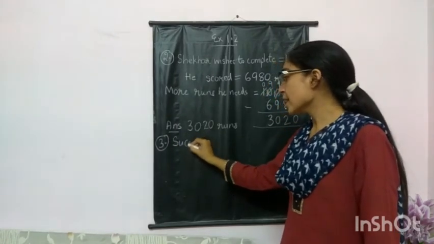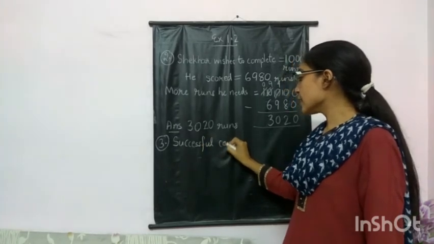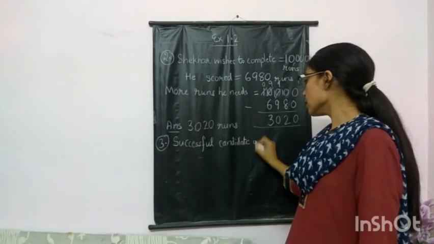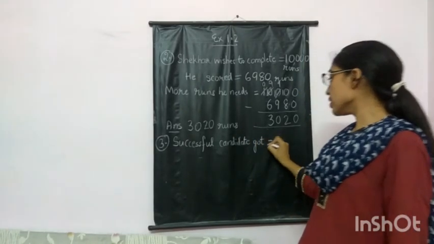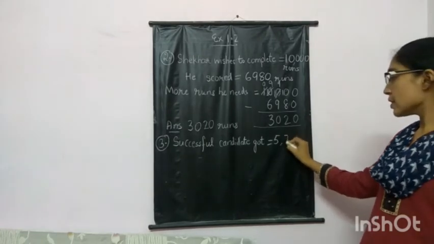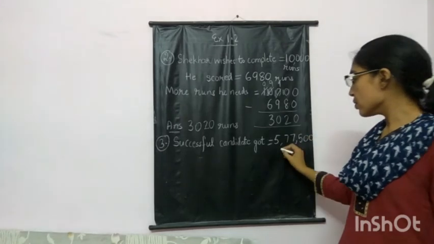5,77,500. So we'll write successful candidate got how many votes? 5,77,500 votes.